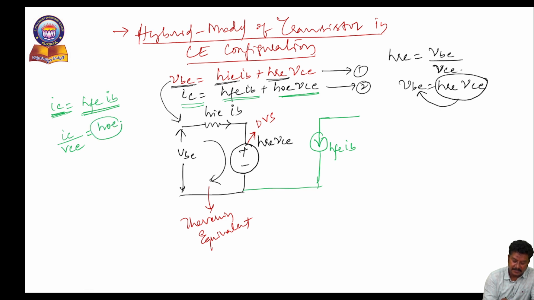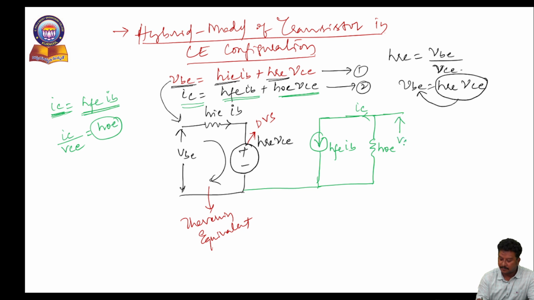This is nothing but the opposite of a resistance, that is admittance. Even the admittance is represented with respect to a resistance. So I am representing the HOE behavior with a resistance, and this is IC and this is VCE.